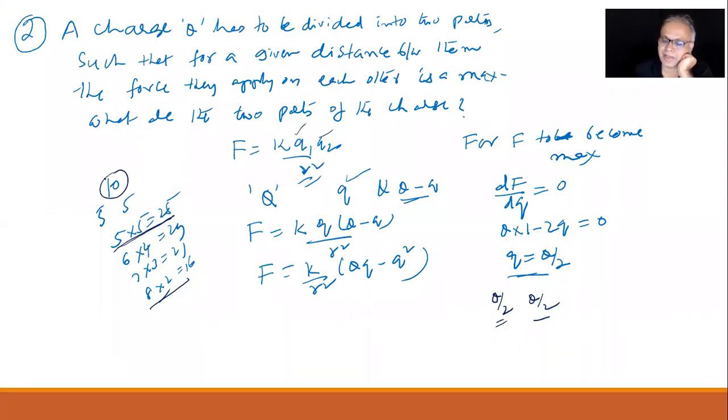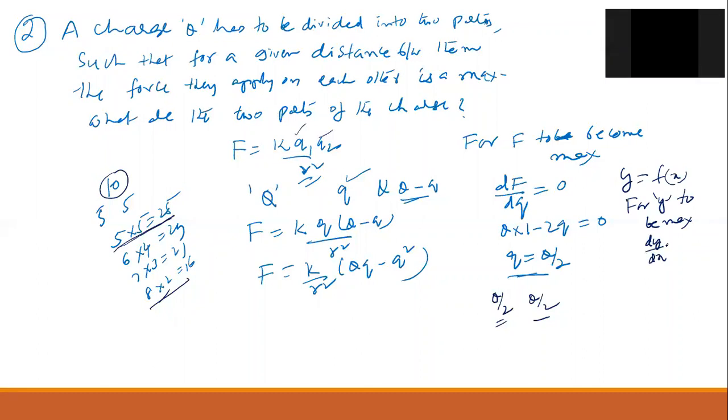Okay, Rishita, tell me. Sir, why is df by dq equal to 0? If y is a function of x, for y to be maximum, dy by dx must be 0. Maximum or minimum. Okay, sir, got it. And if it is maximum, d2y by dx2 will be less than 0.